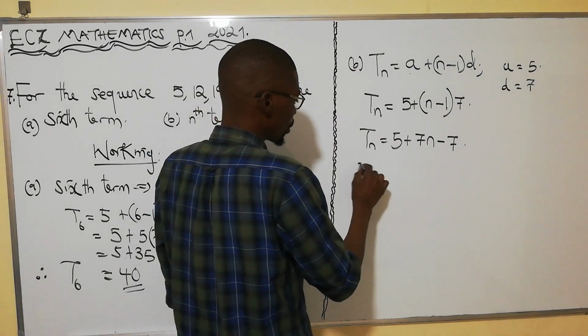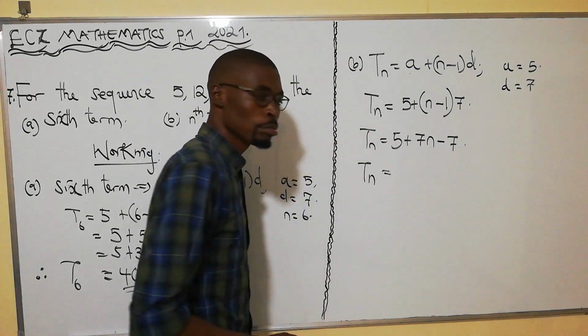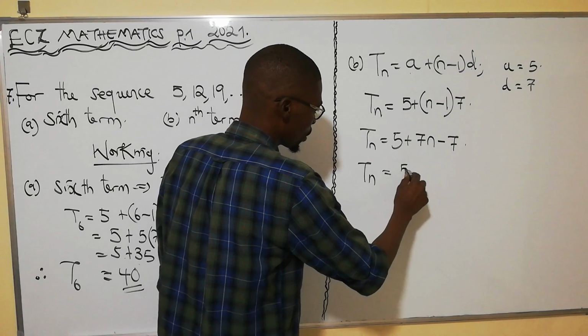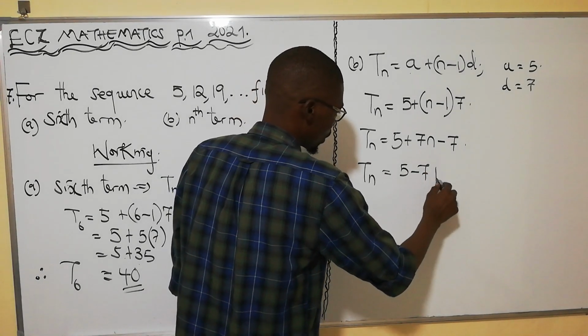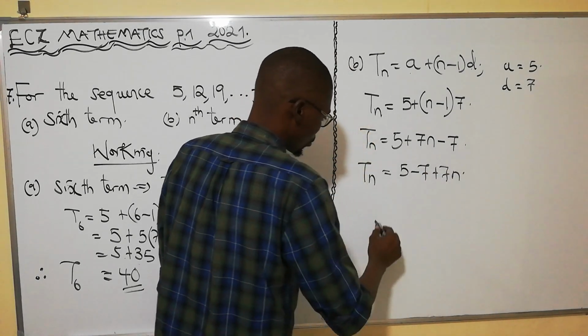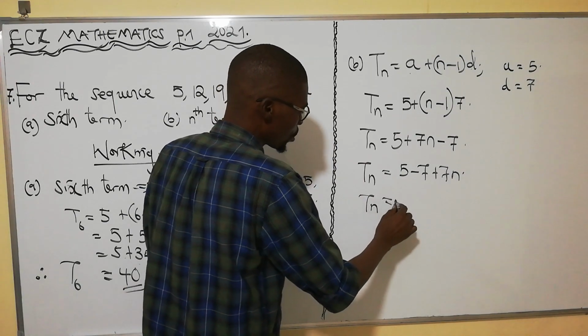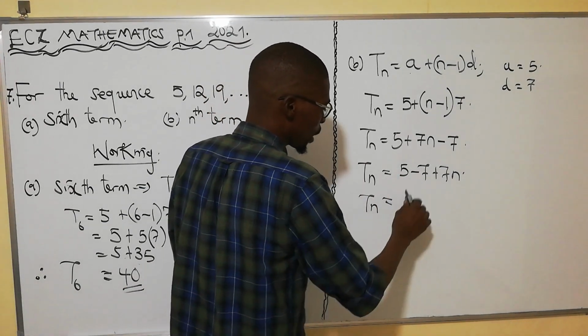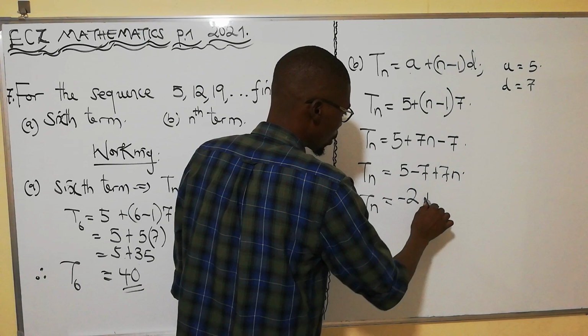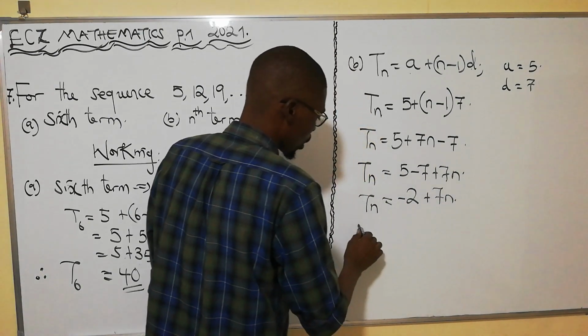Simplifying this, we will have the nth term equal to 5 minus 7 plus 7n. Further, 5 minus 7 is negative 2, plus 7n.